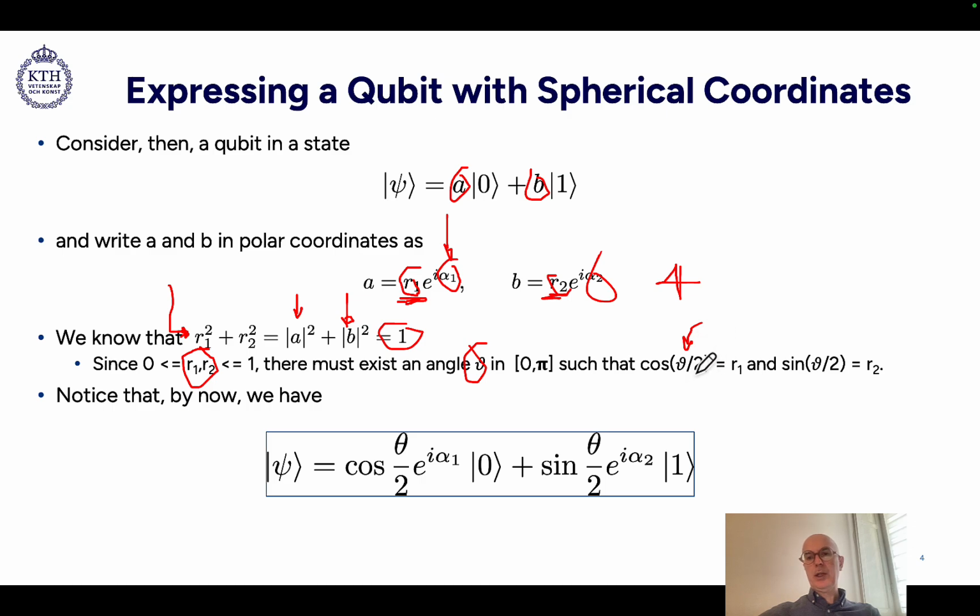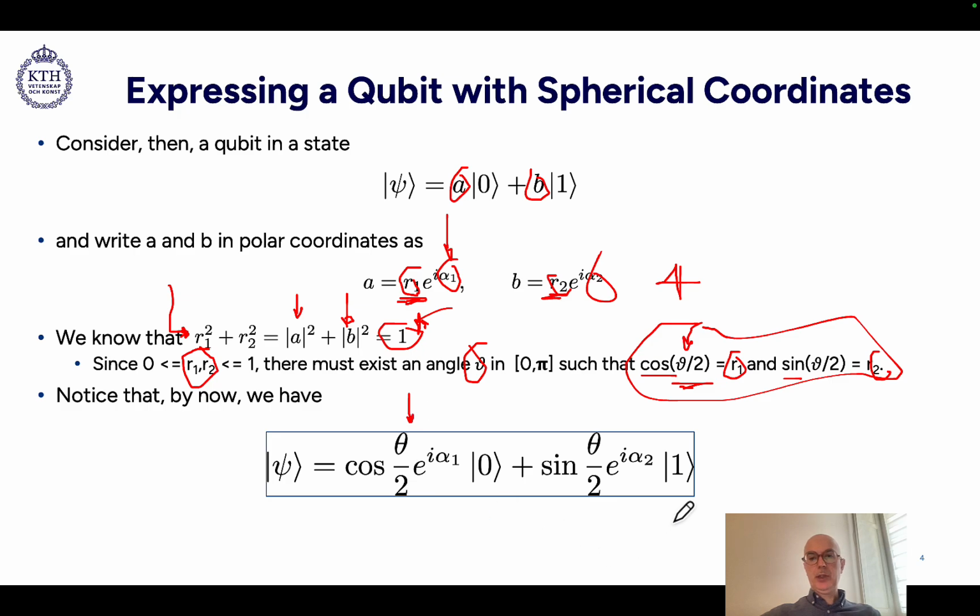We'll see later on why we take theta over 2 instead of theta. It doesn't change much, but we're taking an angle to express both R1 and R2. R1 is the cosine and R2 is going to be the sine. Note that once we introduce this formulation, which relies on the fact that the quantum state needs to be normalized, we can obtain this expression here.